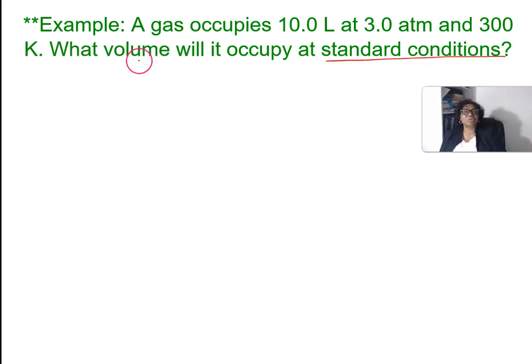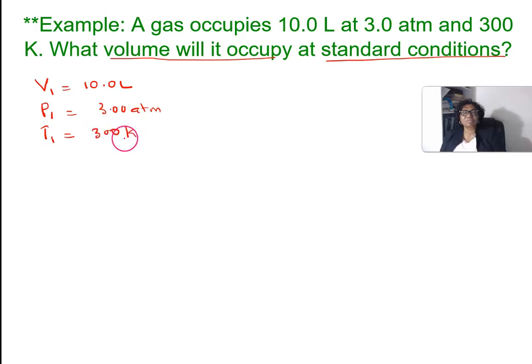So we are searching for the volume it will occupy under standard conditions. Let's look at V1: 10.0 liters. P1 equals 3.00 atmosphere. T1 equals 300 Kelvin.